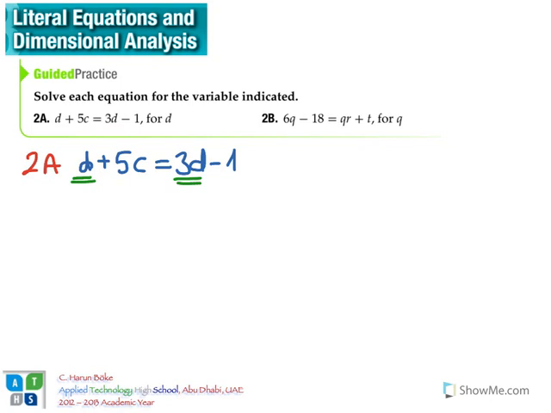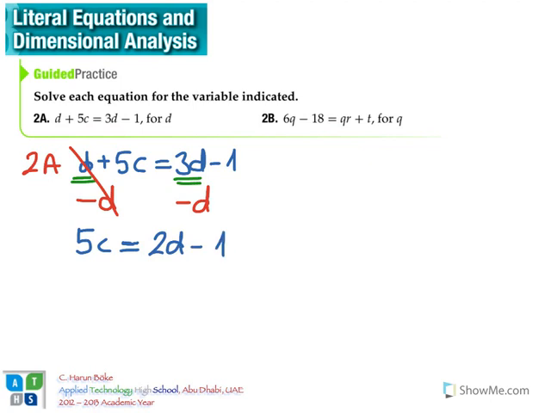I have to have them on one side, either left or right. So my preference is to subtract d from both sides so that I will collect d's on the right hand side. So it will be like 5c on the left hand side equal to 3d minus d, which is 2d, minus 1.